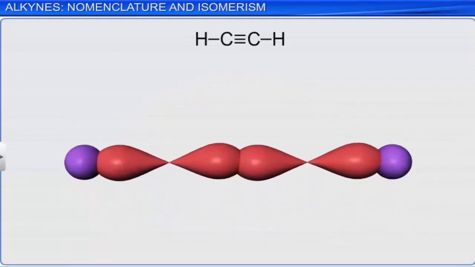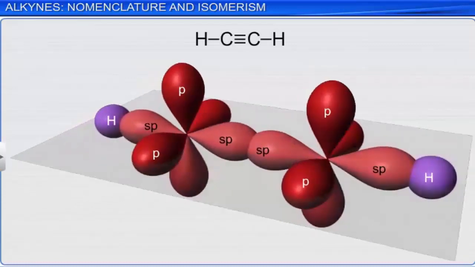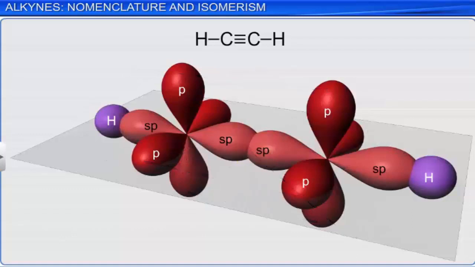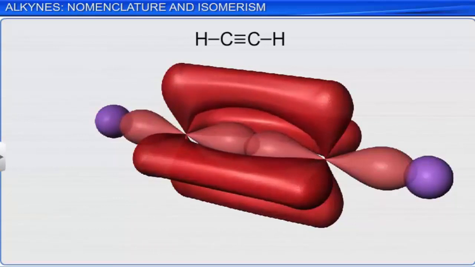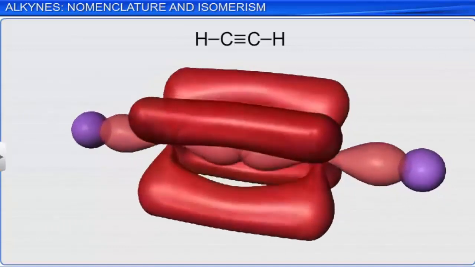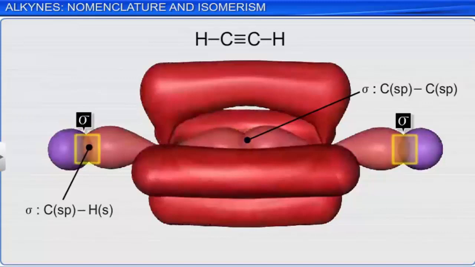The unhybridized p orbitals in each carbon atom lie perpendicular to each other as well as to the plane of the CC sigma bond. The two p orbitals undergo lateral or sideways overlapping, forming two pi bonds between the two carbon atoms. Hence, an ethyne molecule consists of one carbon-carbon sigma bond, two carbon-hydrogen sigma bonds, and two carbon-carbon pi bonds.